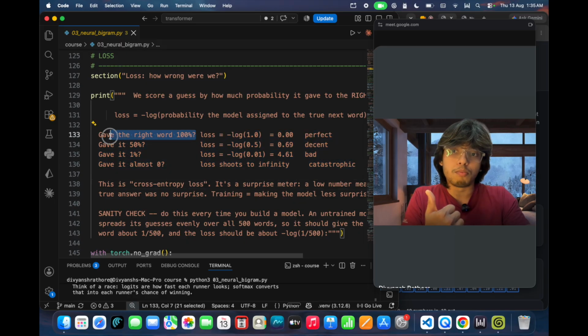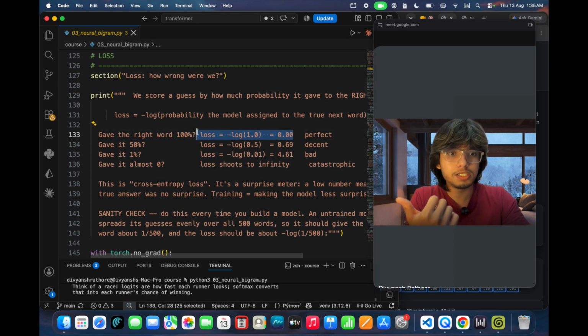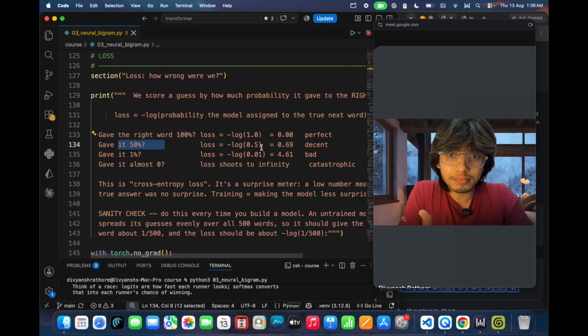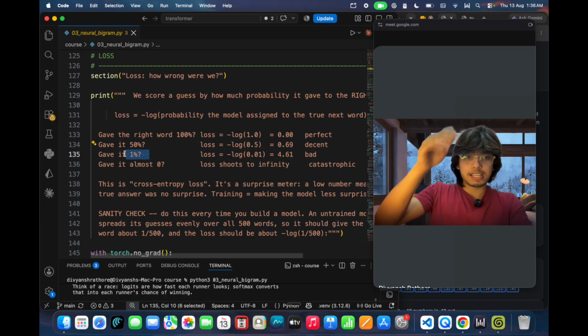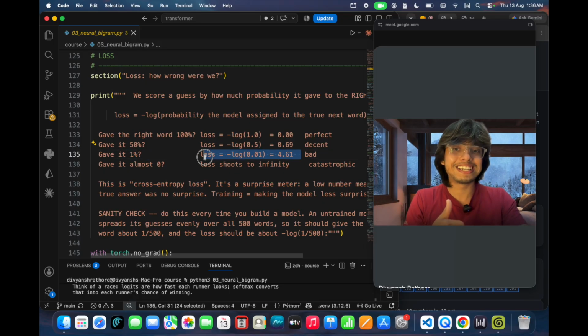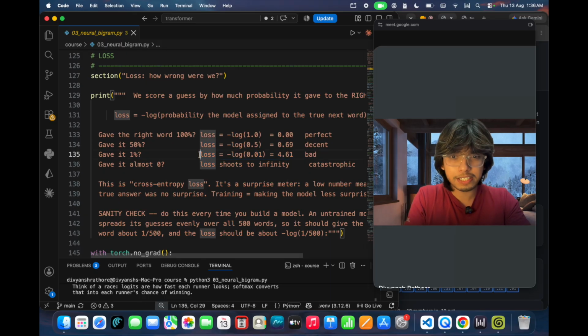So imagine our model gave 100% probability to the correct word. That means our loss is 0 and perfect. If it assigned 50% to that word, put that value here and we get 0.69. So as the assigned value goes down and down, our loss increases. That's exactly what we wanted, and that's why we used the negative and we put log outside it.